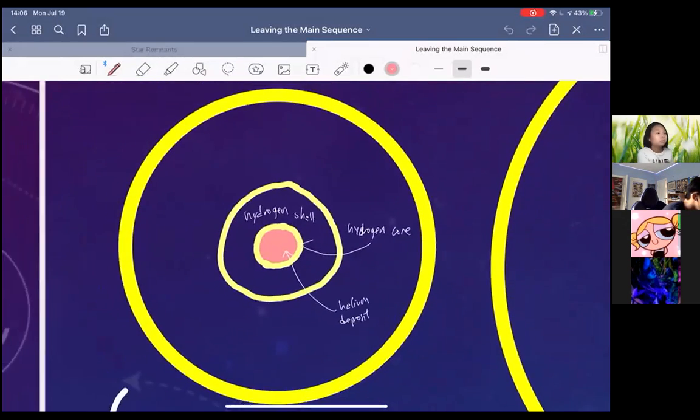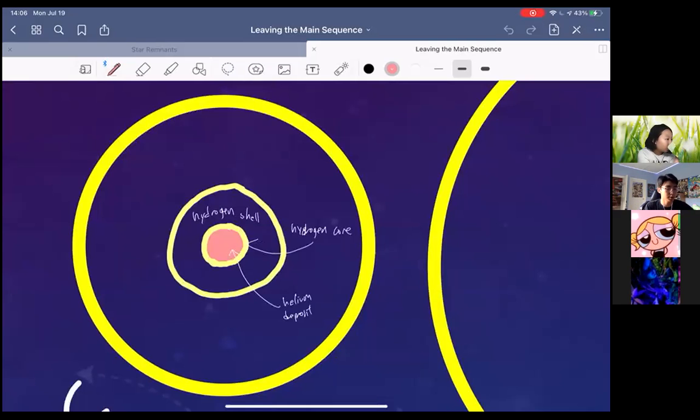As you begin to run out of hydrogen that you can burn, and you have more and more helium being deposited in your center, the core collapses a little bit. As it collapses, the core gets even hotter.